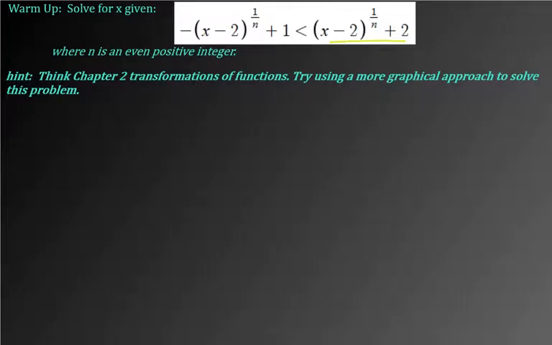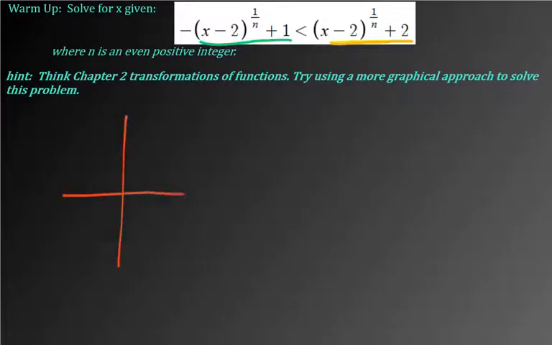We're just asked to solve for x such that this thing is less than this thing. If you try a graphical approach, it's a much quicker way to do the problem. So let's say this is yellow, and let's do this in green.